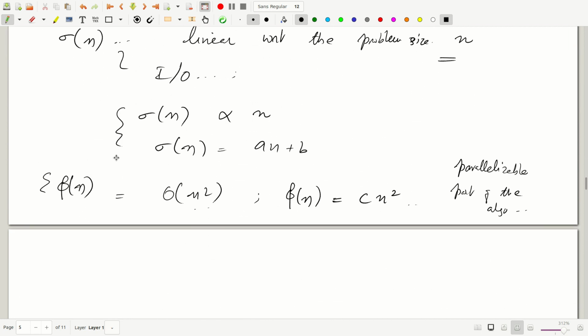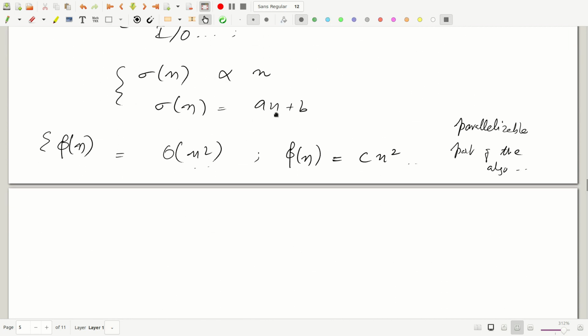So let me do that, but before I do that, we need to give some values for a, b and c. Usually the computations are the mathematical or floating point operations, right? These usually occur in microseconds or nanoseconds, whereas the IO operations, which are reading from the user or from a file, usually happen in milliseconds.